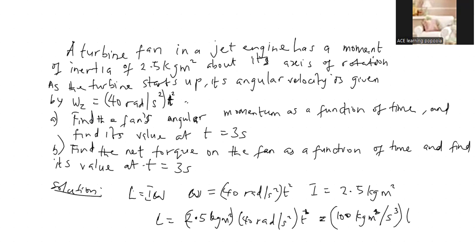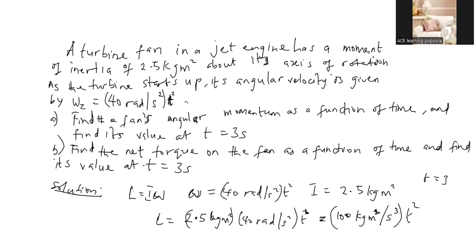Now the question says to find its value at time t equals 3 seconds. So we're going to put that value of t equals 3 into this answer so that we can calculate the angular momentum at that time.